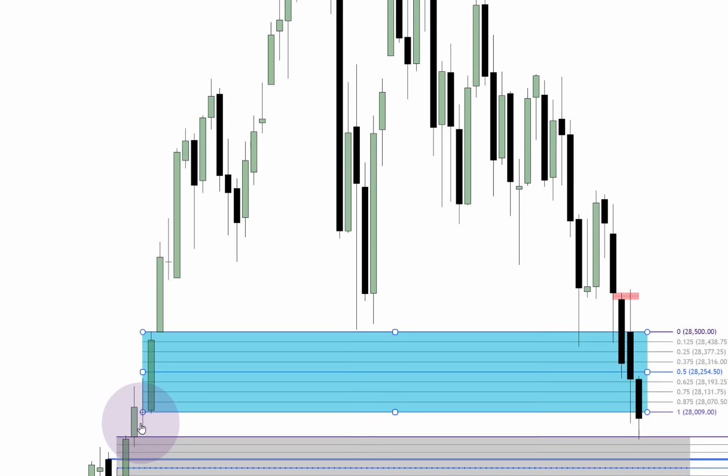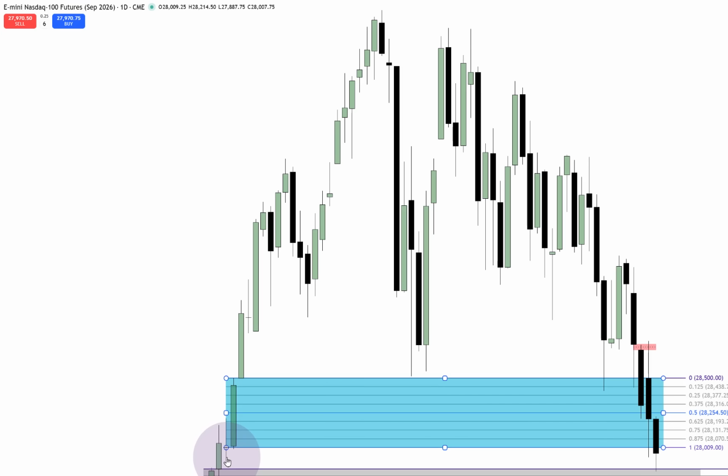This candlestick's open is 28,009.25 and the close is 28,007.75. So the higher one is what it's going to reach down for, and either one of them is technically less than the open on this candle, which is 28,020 even.